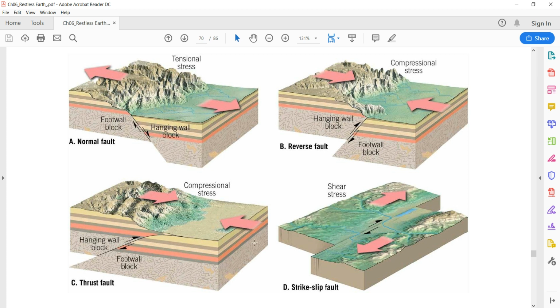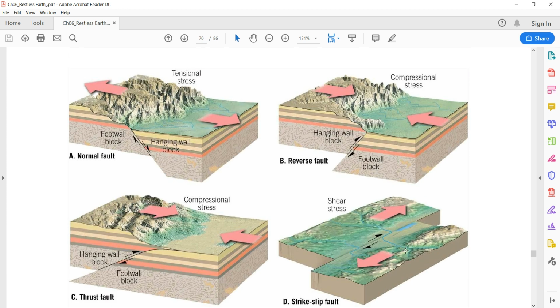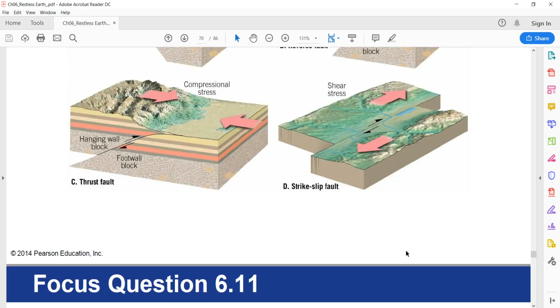Thrust fault is an extreme case of reverse fault, where the hanging wall is riding over the foot wall and the angle of dip is smaller than 45 degrees. Strike slip is more like a shear stress, where the two plates are just sliding against each other in a horizontal direction. So these are the four different kinds of fault.